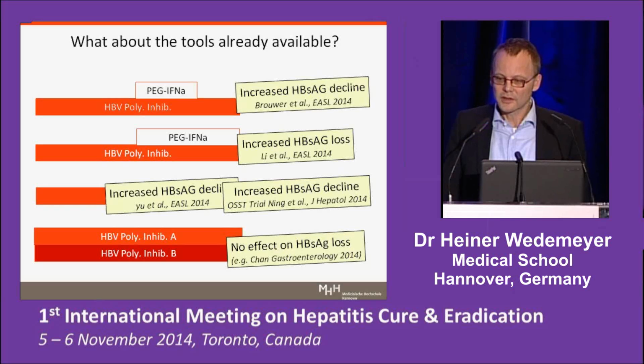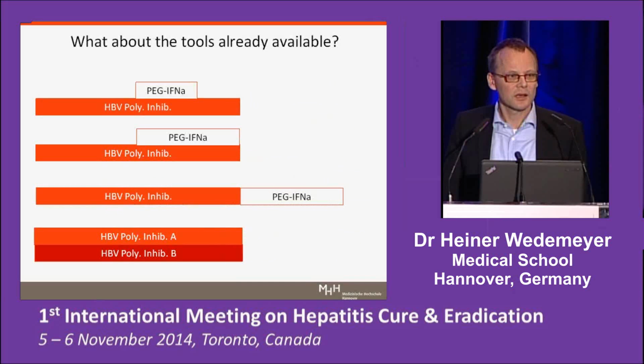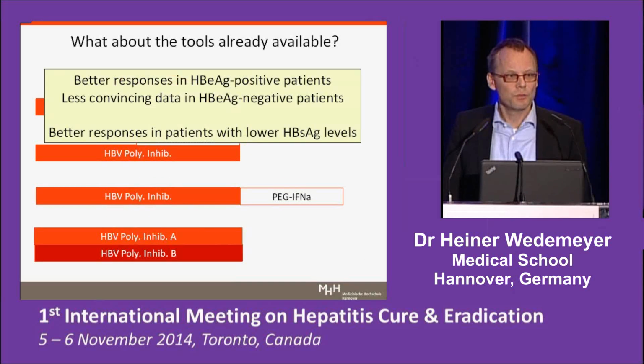However, overall, in our clinical experience, this works only in a minority of patients, and the key thing is really that we need markers to identify patients who may benefit from these approaches. Different biomarkers have been explored, but I think we need much more work.